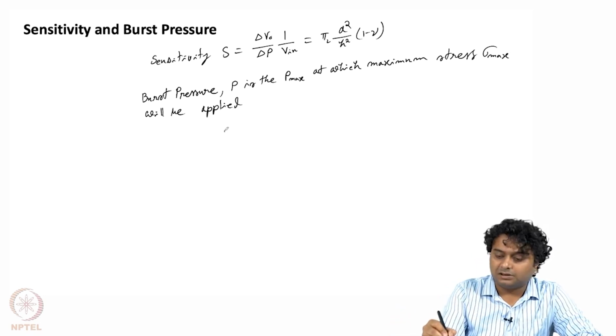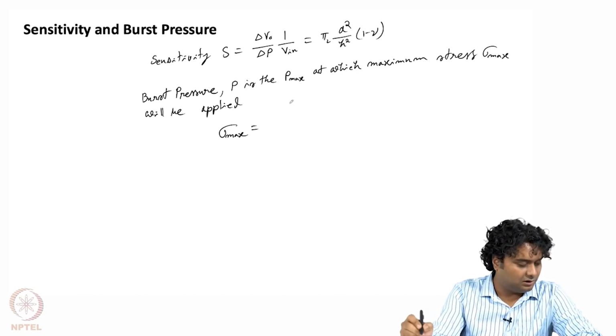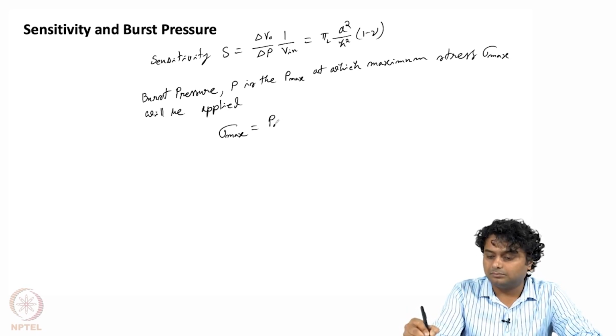Then sigma max is equal to P max into (A by H) whole square.